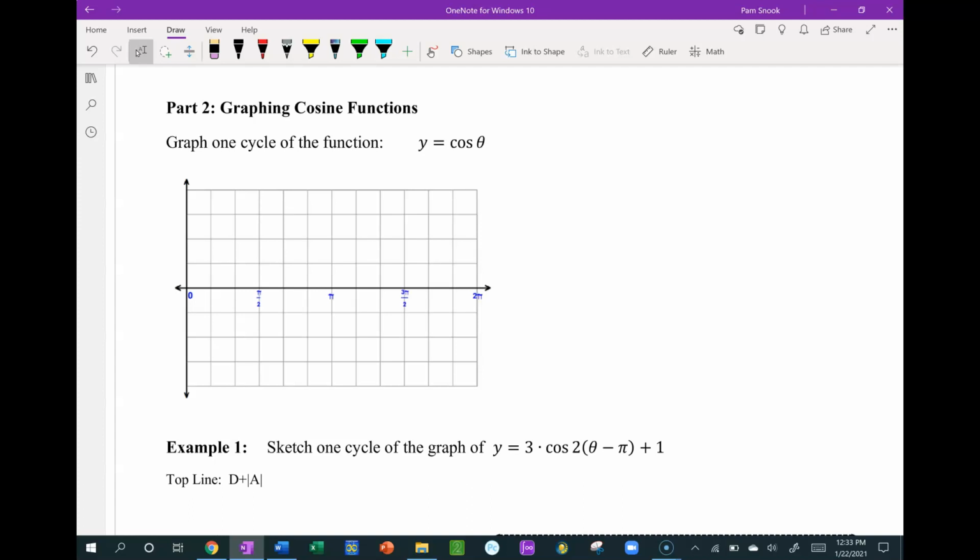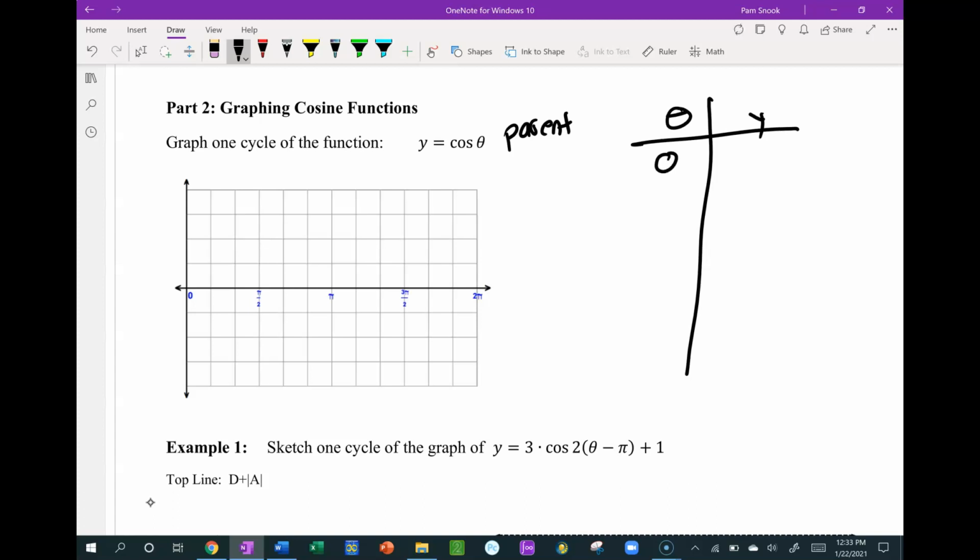So I'm going to show you what the cosine parent function looks like. Again, let's do a theta y table. And I'm going to pick the same points, 0, pi over 2, pi, 3 pi over 2, and 2 pi.